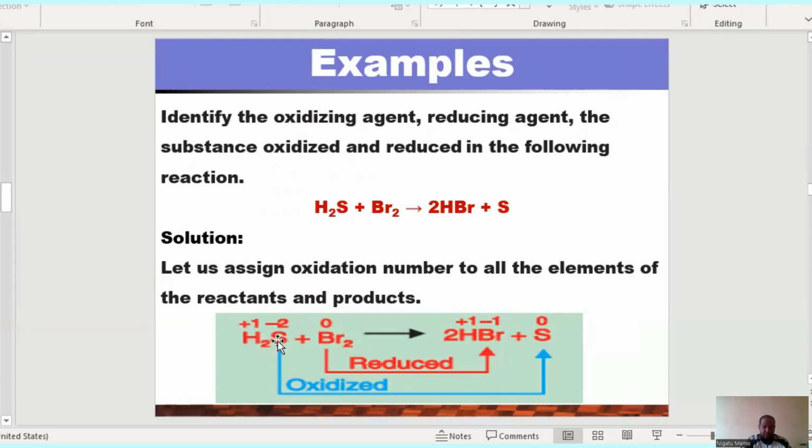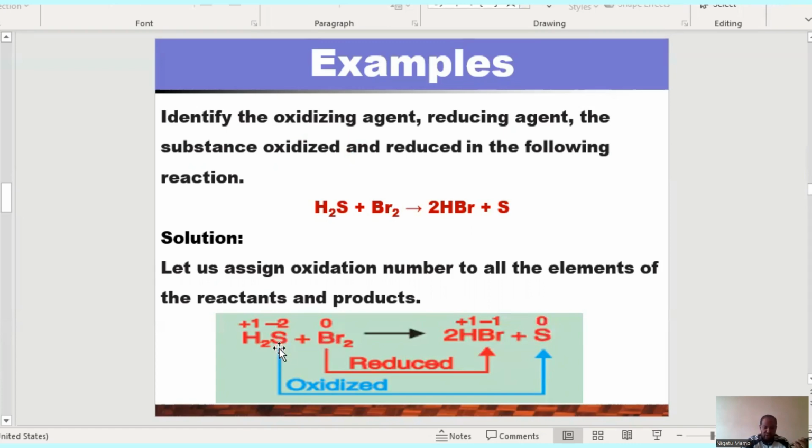The oxidation state of sulfur is -2, and bromine is a neutral molecule, therefore it has a charge of 0. The oxidation state of hydrogen in HBr is +1, and the oxidation state of bromine is -1, because it is group 7, it gains what? 1 electron. And the oxidation state of sulfur becomes what? 0.